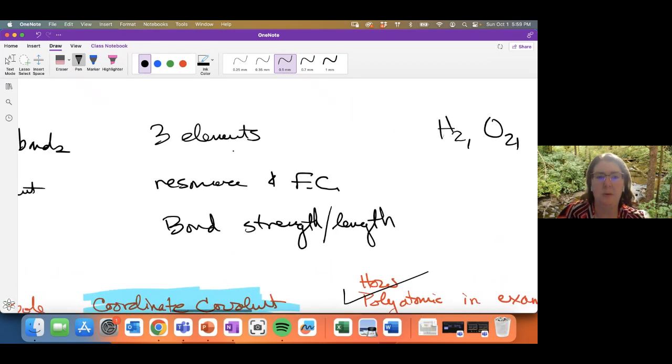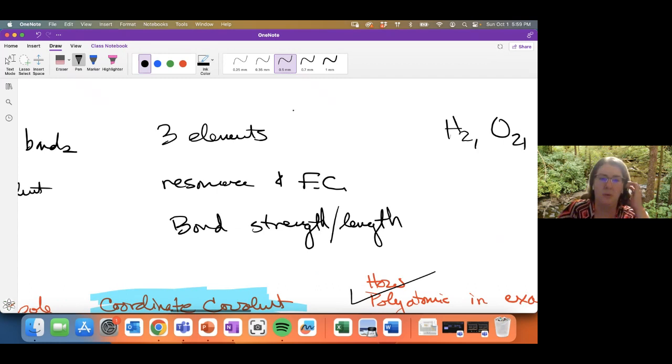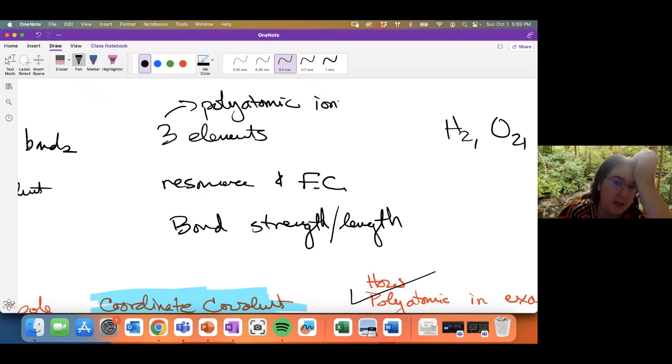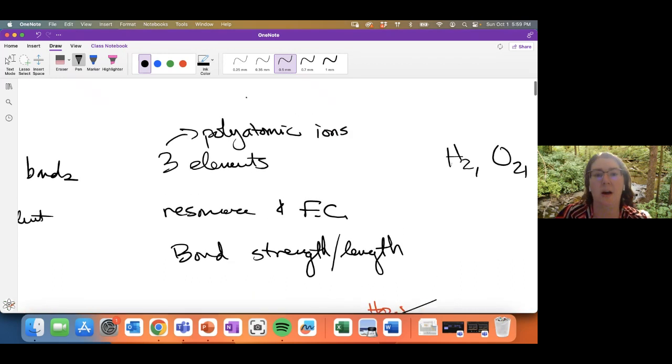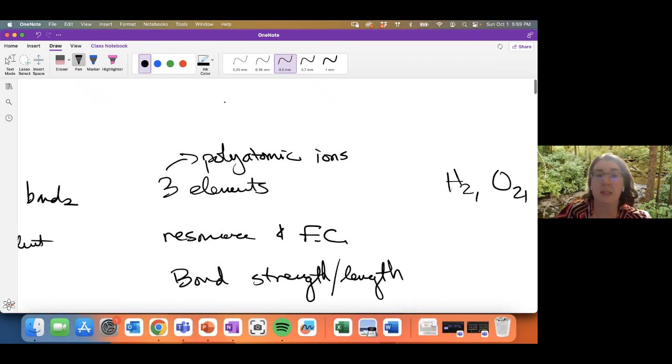Okay, so knowing about 3 elements in one molecule, this really would be with polyatomic ions. That's really going to be the only way that you would know how many of anything there was, because I can't give you carbon and oxygen and hydrogen and ask you to tell me how many of each there are in a molecule, because there is essentially an infinite or nearly infinite number of molecules that those 3 atoms can make.